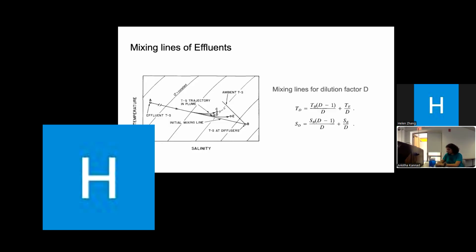So studying that curve should theoretically tell you something about the mixing that is occurring. These are some equations for that straight line. We're going to be doing this on the computer, so it's just using interp. Anyway, cool.